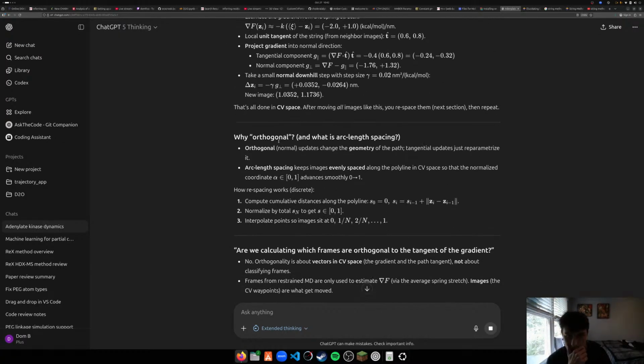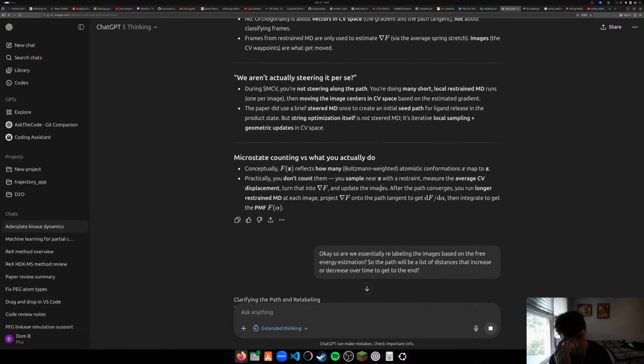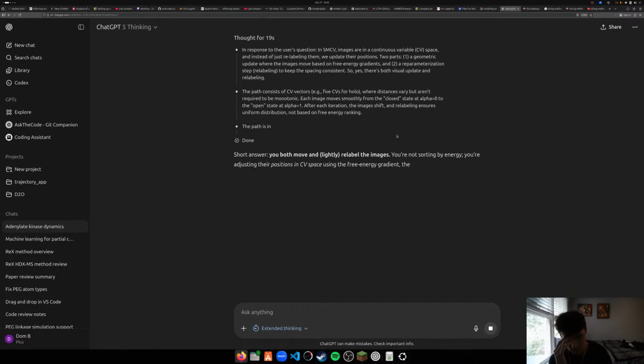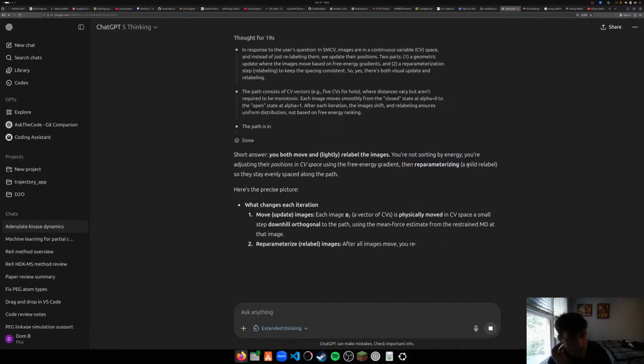That's kind of cool though, that updates the geometry of the path. Tangential updates reparameterize it. You move and lightly relabel images. You're not sorting by energy.